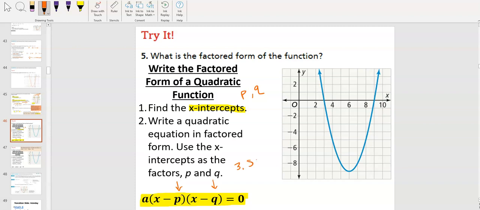Step 3 is then to solve for A. You need a third point, which I would probably use our vertex. You can use any third point, but your vertex is going to be the easiest to use.